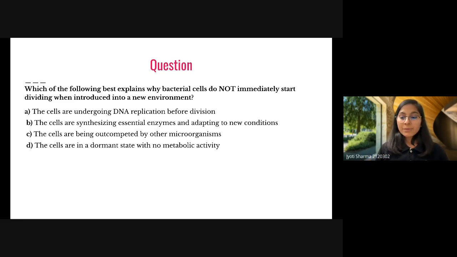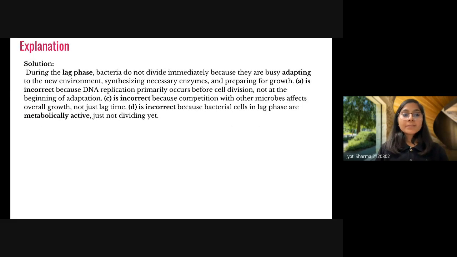So that's why B is the right answer. And just see here: during the lag phase, bacteria do not divide immediately because they are busy adapting to the new environment, synthesizing necessary enzymes and preparing for growth. So that's why B is the right answer.